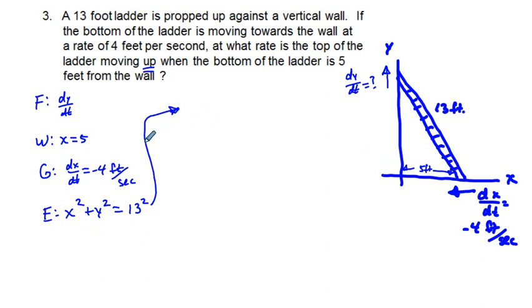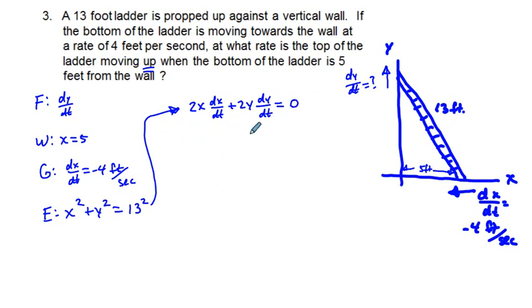We're going to have the derivative of x squared is 2x dx dt plus 2y dy dt, and that's going to be equal to the derivative of the right side, which is 0.